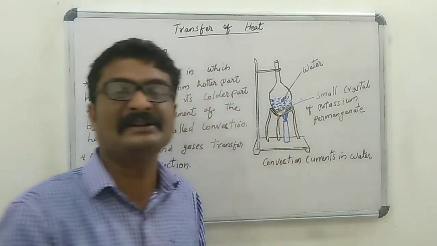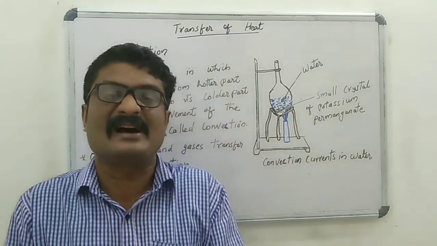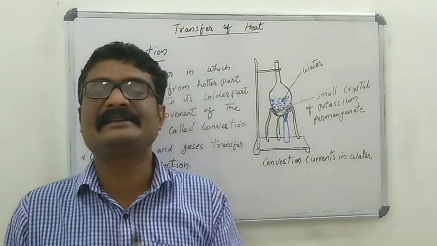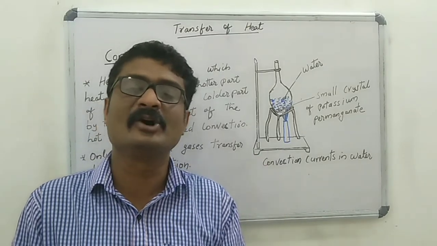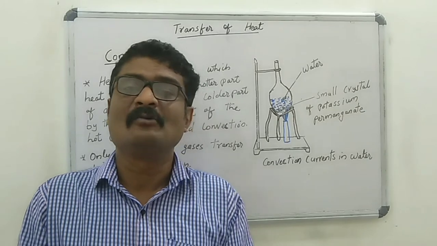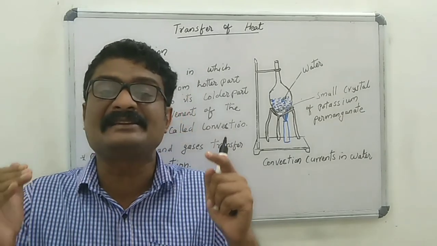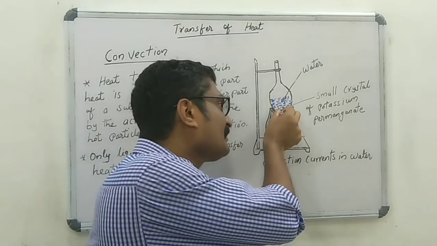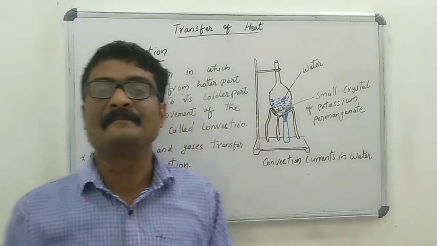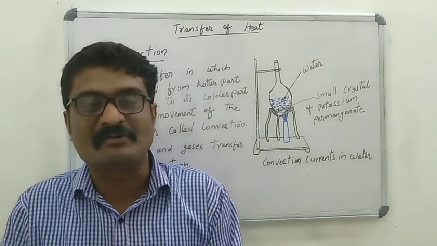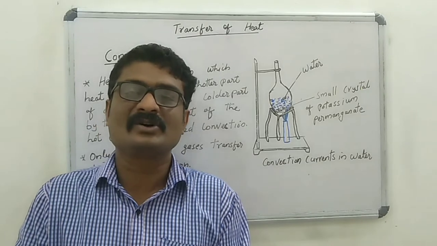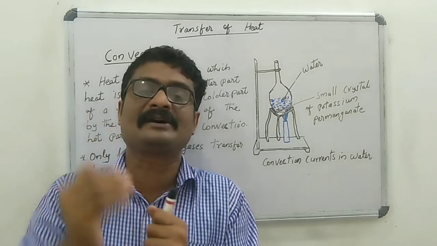The water near the bottom of the flask gets heated first. We know warm water is lighter than the surrounding cold water. So this lighter warm water rises up.